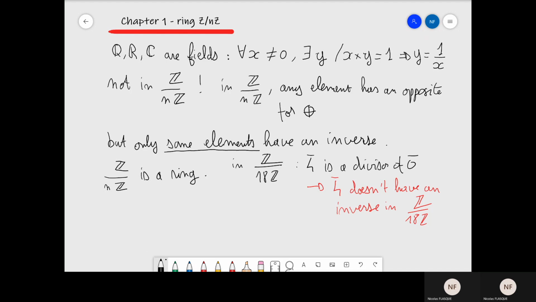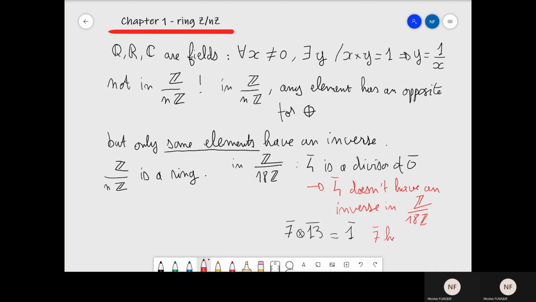Always in Z over 18Z, we made this calculation. 7 bar times 13 bar is equal to 1 bar. So 7 bar and 13 bar are inverses of each other.